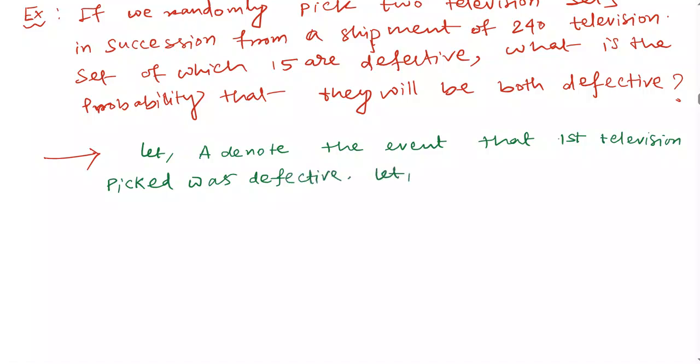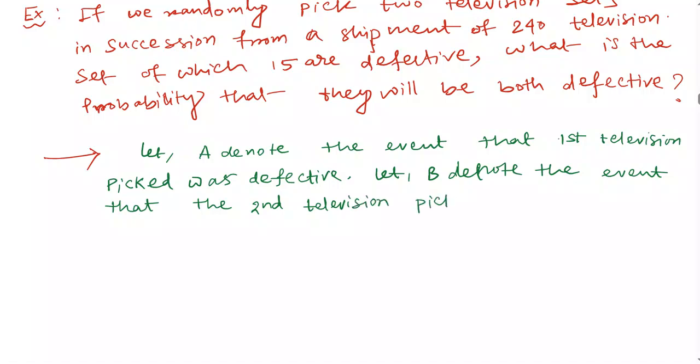Let B denote the event that the second television picked was defective. Got my point? I define it like this. Basically we denote it, then what do we need to calculate?